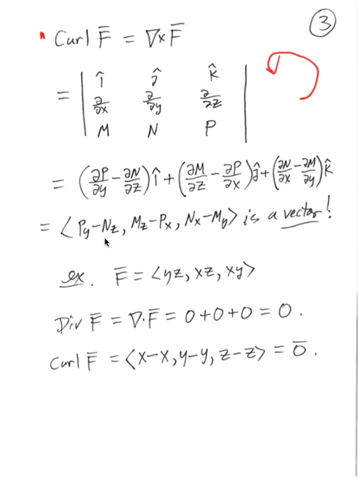Let's do the first one here. What would be the i component? It would be the product, quote unquote, of these two minus the product of these two. Of course, when you take the quote unquote product of these two like that, it's actually this operating on that. So that's the partial derivative of p with respect to y, and then you do the same thing here, only subtraction, the partial derivative of n with respect to z. So that's what you end up getting.